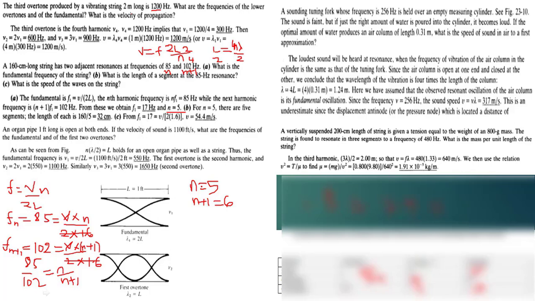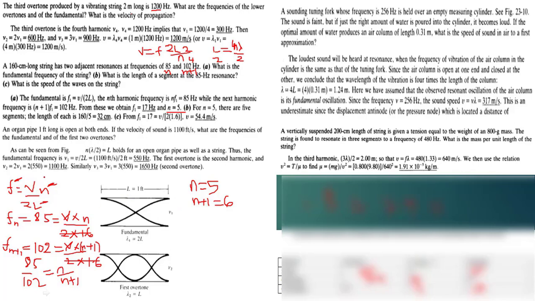So the question though asked what is the fundamental frequency of the string. So coming back to the equation, so we know kama tuna 85 tumeshaitafutia value yake ya n. Okay, now we know the length of the string ni 1.6, then tunaweza tukapata velocity ya string.